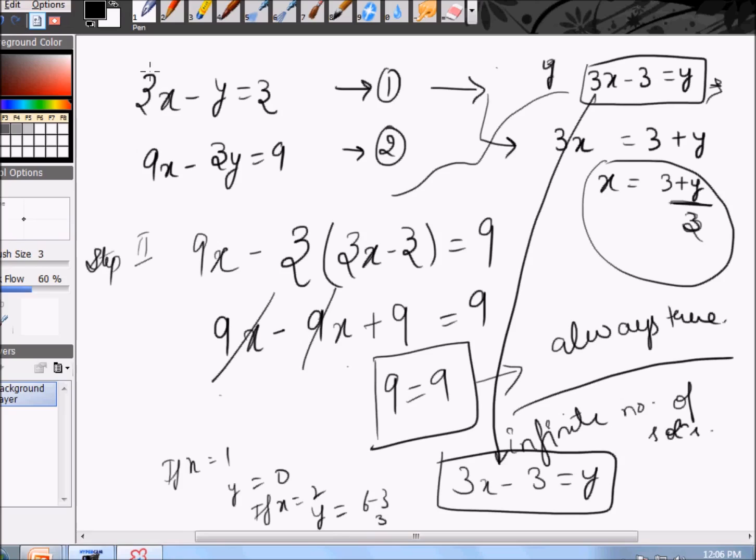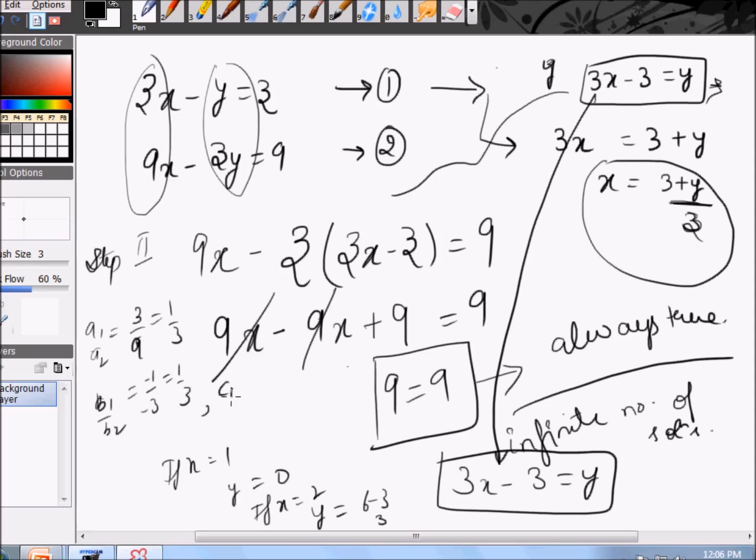Even if we compare the coefficients of x and y, we get a1 over a2 equals 3 by 9, which is equal to 1 by 3. b1 over b2 is equal to minus 1 over minus 3, which is again 1 by 3, and c1 over c2 equals 3 by 9, which is again 1 by 3.